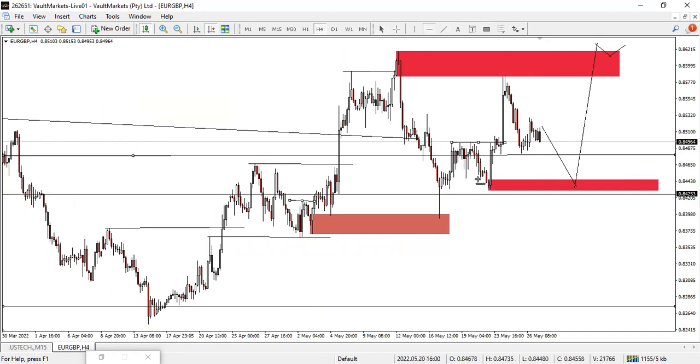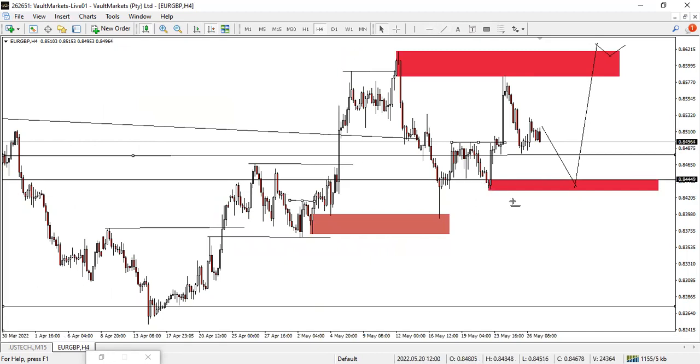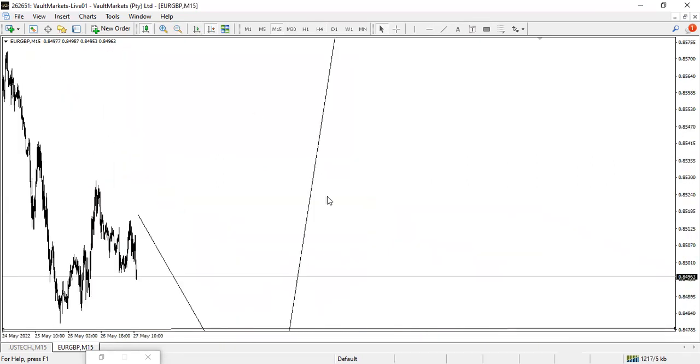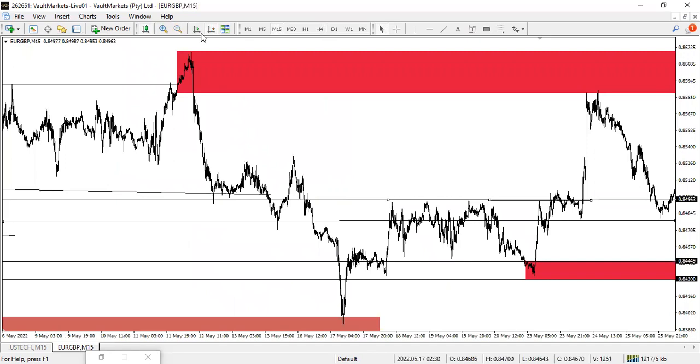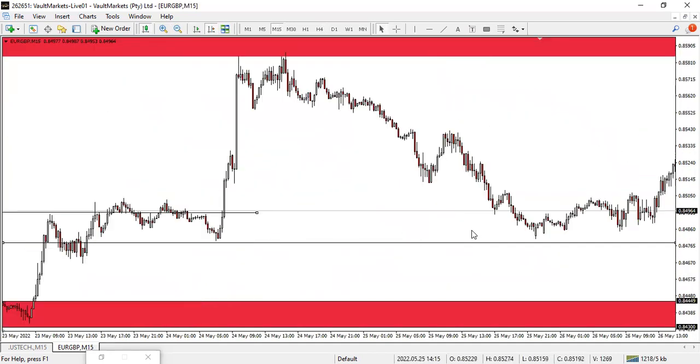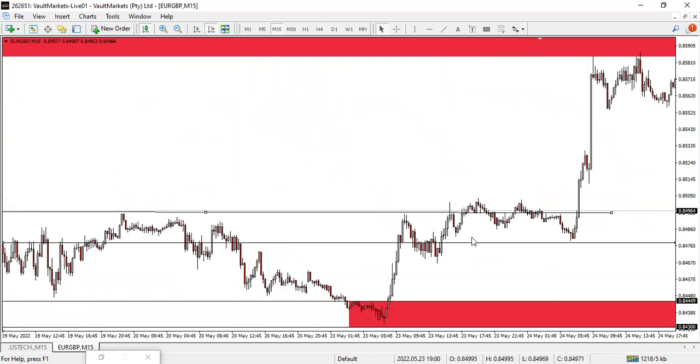Just for the sake of clarity, let me put a horizontal line so you'll see exactly. So this will be your entry, and then a stop loss will be just below this. Then this will be take profit one. However, just to minimize everything again, on M15, is this where we expect an entry?